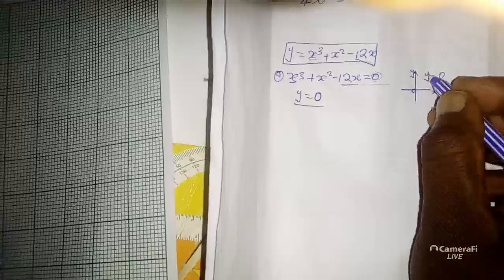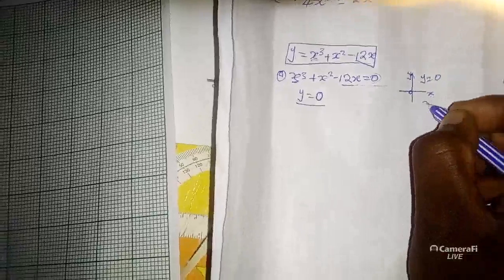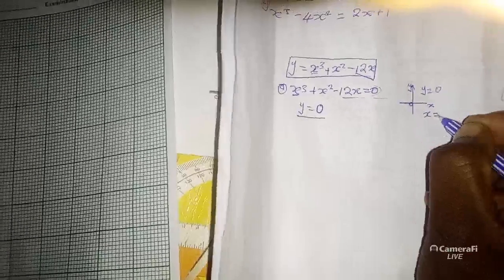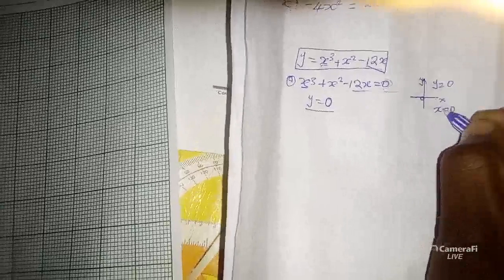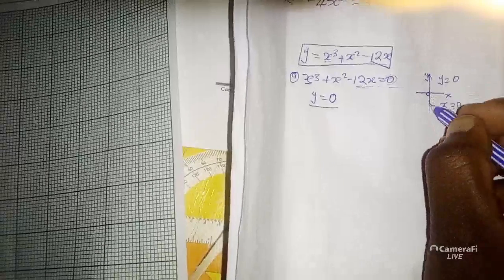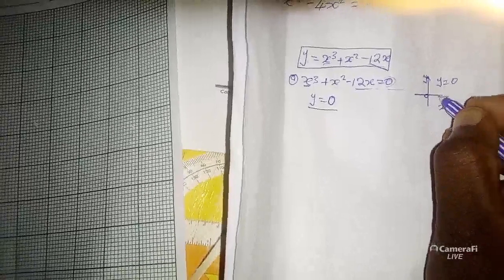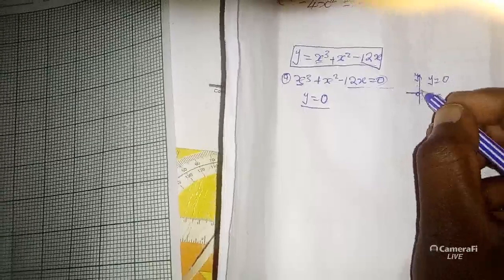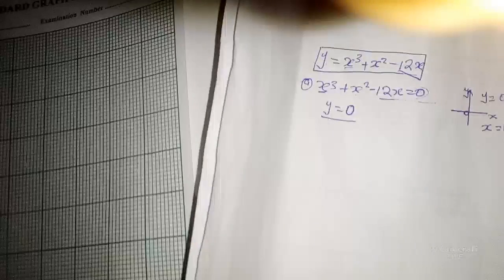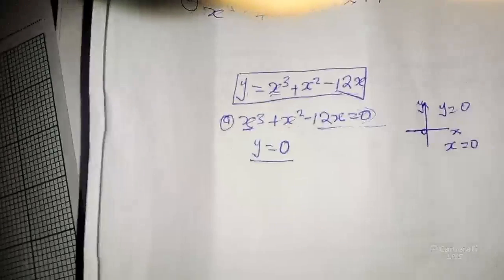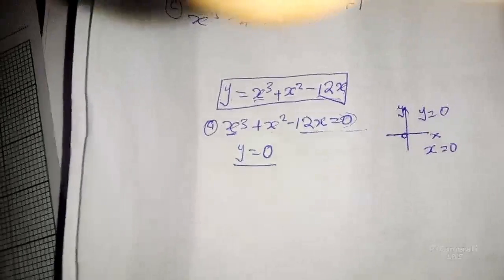So we are talking about the x-axis when you write y is equal to 0. And when you write x is equal to 0, you are representing the y-axis, because this line crosses the y-axis at 0. Hope you get what I'm saying.